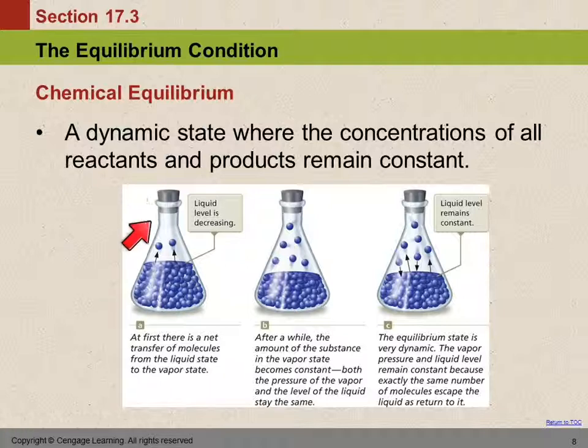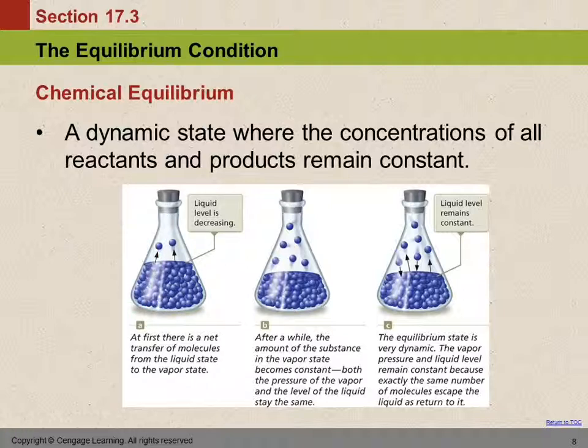So that's what happens in a chemical equilibrium. So here, if you put the liquid in here, let's call it water because it's more convenient. If you put water in here, and initially there's nothing in the gas state, what will happen is the water will begin to evaporate. So there's evaporation. There can't be any condensation because there's no water molecules up there to condense. So initially we have this rate of evaporation.